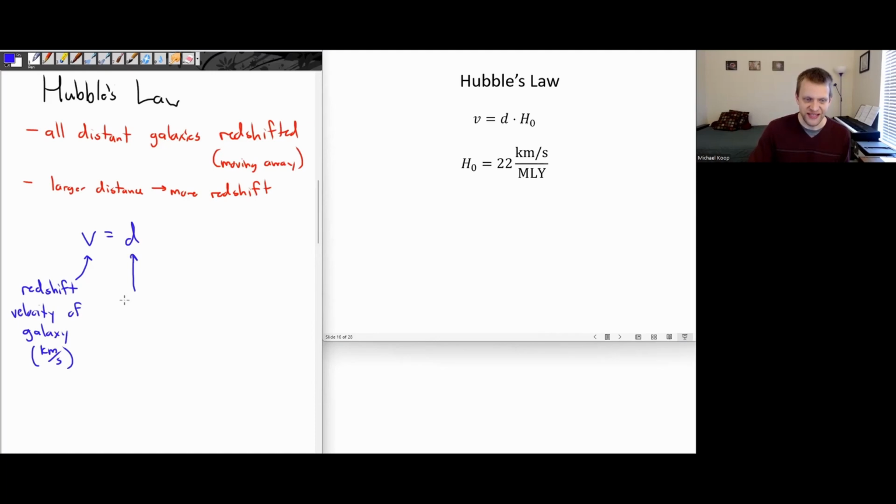It is equal to the distance to the galaxy in millions of light years multiplied by what we call the Hubble constant. So this is the Hubble constant, which we're going to take that value to be 22 kilometers per second per million light years. It's got these kind of weird units associated with it.